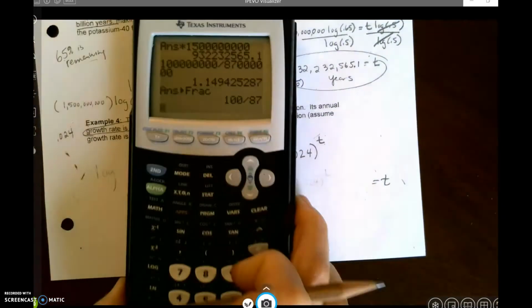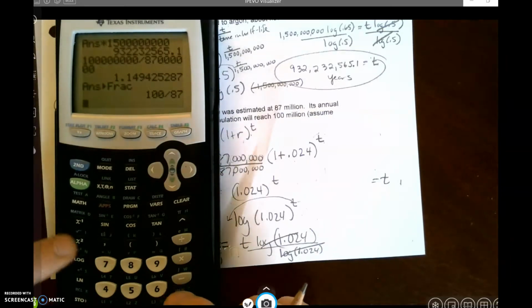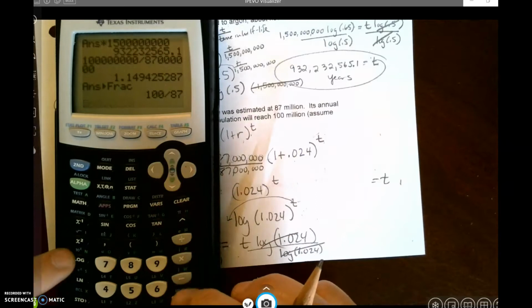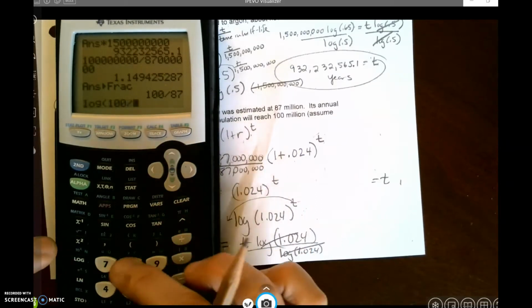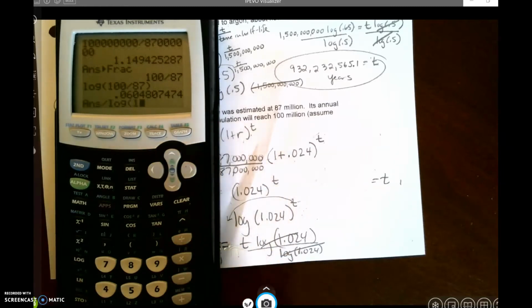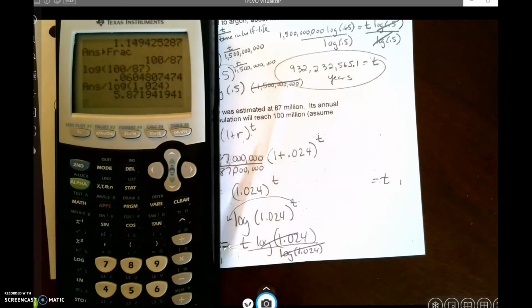Let's put this into our calculator. I've got the log of 100 divided by 87 divided by the log of 1.024. And there's my answer, 5.